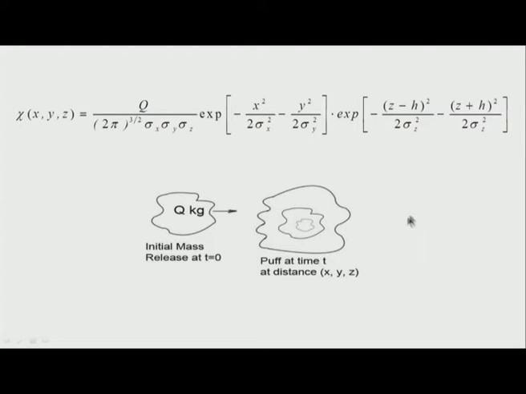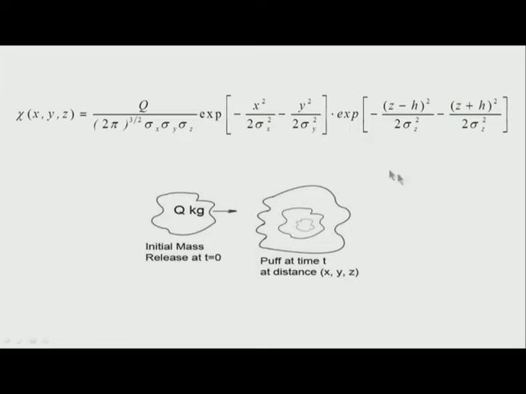And therefore, whenever I have, let us say, a puff or a mass which is released at a height h above the ground, the concentration at any x, y, z point is given by this particular expression, namely q divided by 2 pi to the power 3 by 2, the standard deviation in the x direction, standard deviation in the y direction, standard deviation in the z direction, into exponential of minus x squared by 2 sigma x squared minus y squared by 2 sigma y squared into exponential of the forward term and the reflected term from the ground.